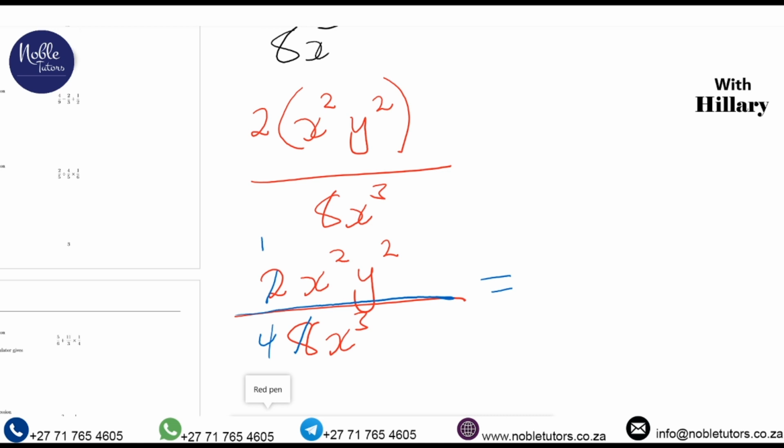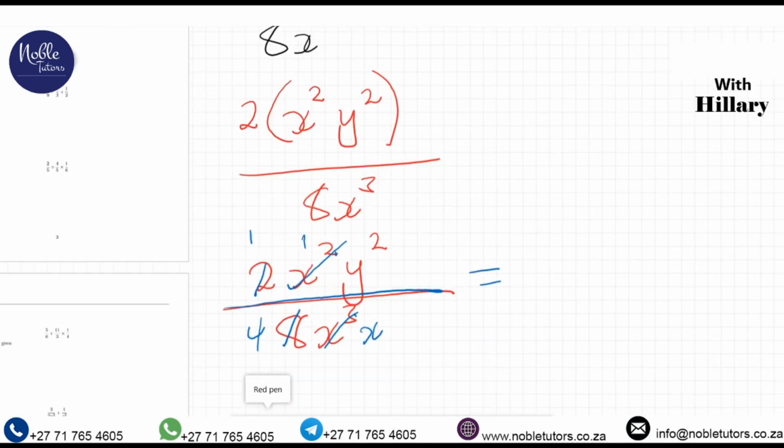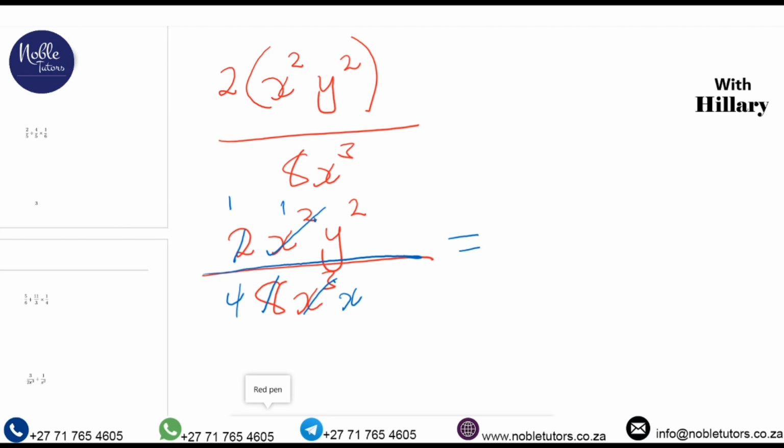So here we are going to say x to the power 3 minus 2, which will give us 1. Here we'll be left with only 1x. Right? And then that's it. So our final answer will be y to the power 2 over 4x.